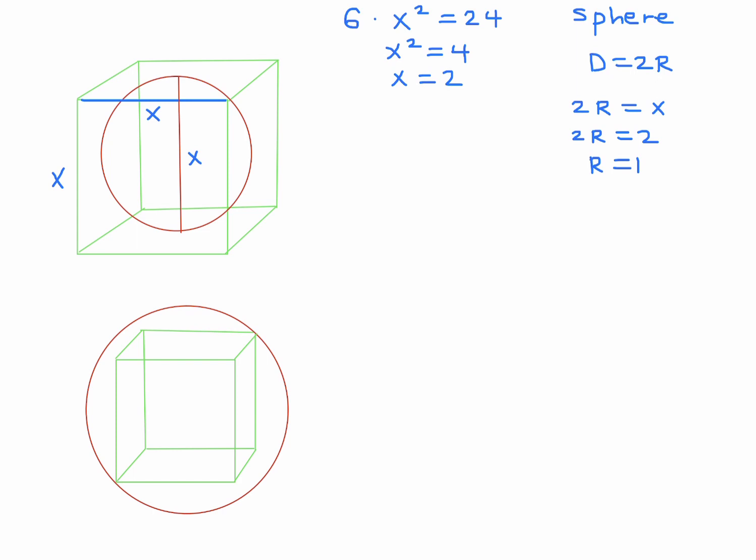The first thing I want you to understand is that if you were to draw a line from the very center of this sphere to the diagonal, like that, to meet at a corner of the cube, that represents the radius of that sphere. Okay, so this is the center of the sphere.